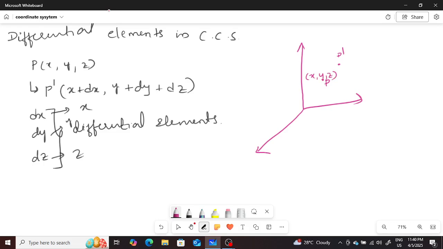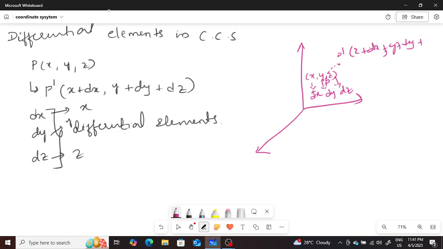If you shift this point, you are not taking another point, you are just shifting this point to P dash, where x is shifted with a dx element, y with a dy element, z with a dz element. So the new coordinates will be x plus dx, y plus dy, z plus dz.